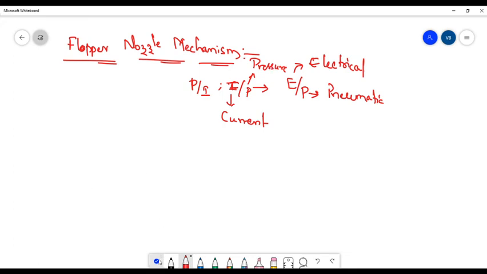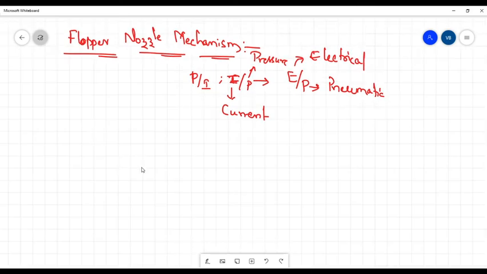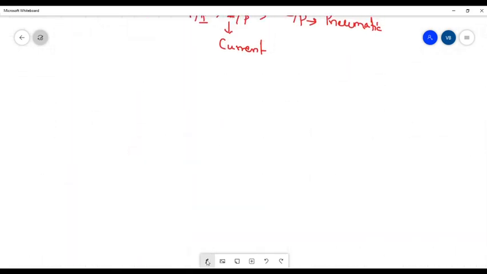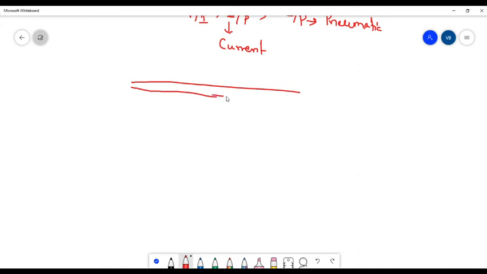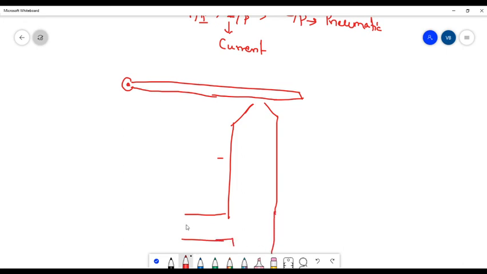Here in the flapper nozzle mechanism we have a construction in which a flapper is there. So let us take this as a flapper. One end of the flapper is fixed, and from here I am going to apply the input Pi.